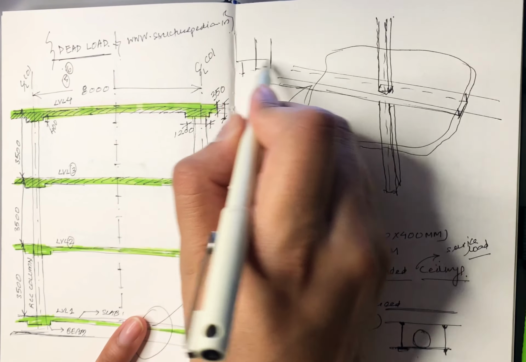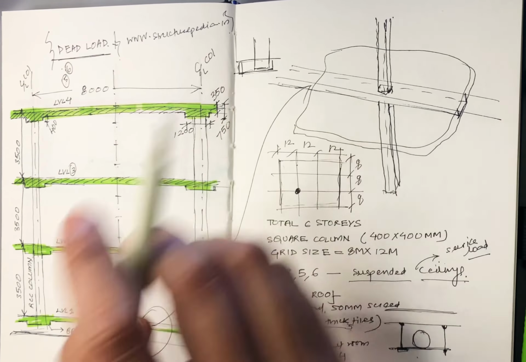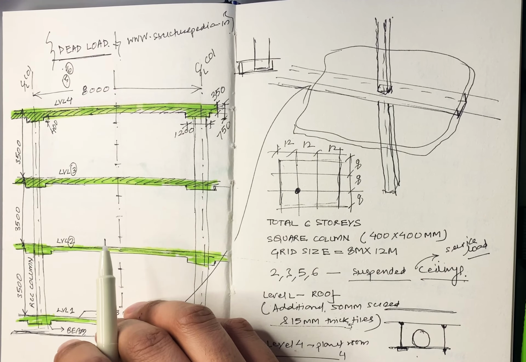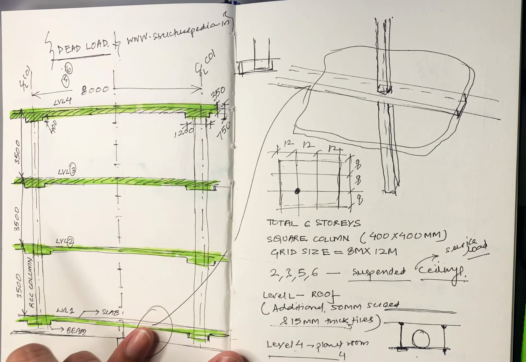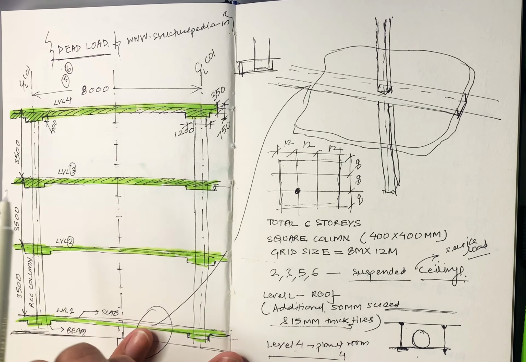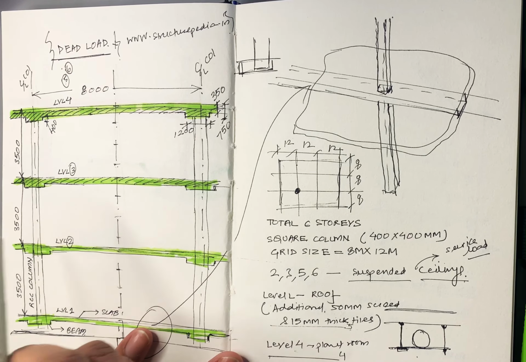Band beam is more like a strip, and the benefit is that you get a lower depth in the beam, and it actually increases your clearance in the floor height.